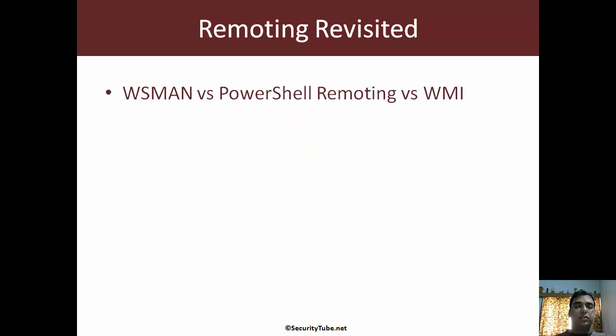Now let's do a quick discussion on why we had a look at WSMAN, how it is compared to PowerShell remoting and WMI. So first of all, WSMAN is firewall friendly, could run on HTTP and HTTPS ports.